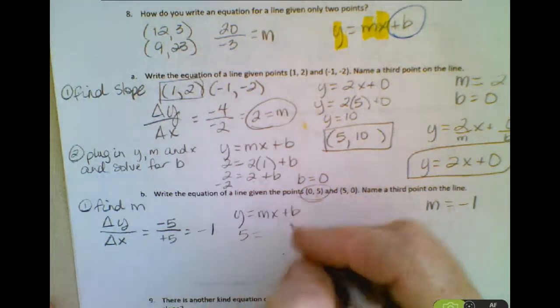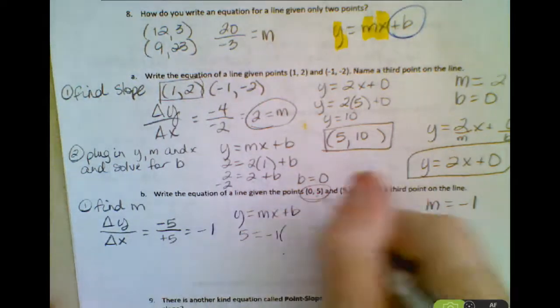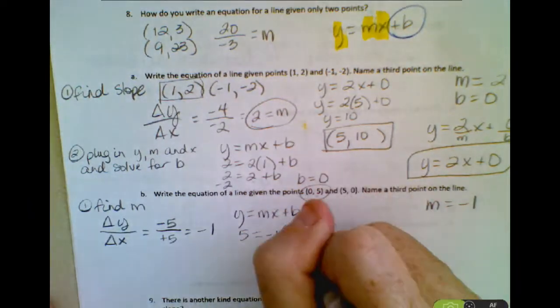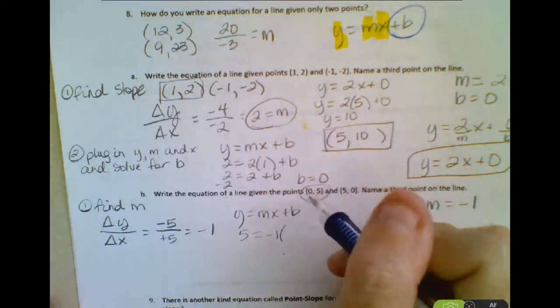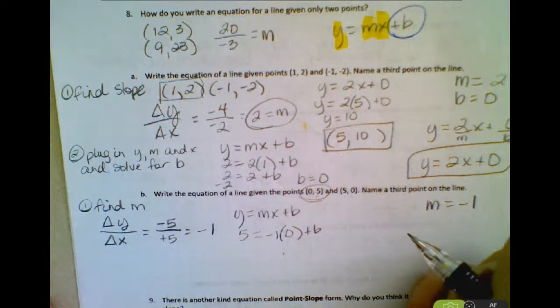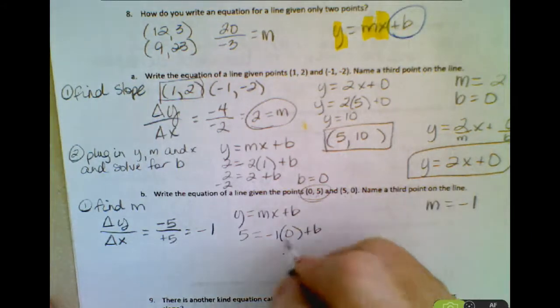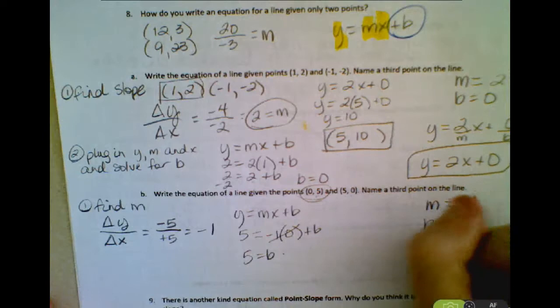What's your m value, Kylie? Negative 1. What's your x value? 0. 0 plus b. What's 0 times anything? 0. So that goes away, so your b equals 5.